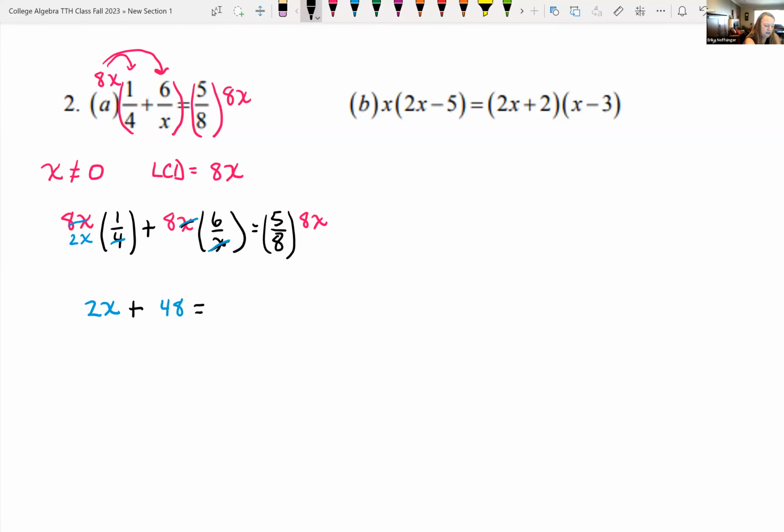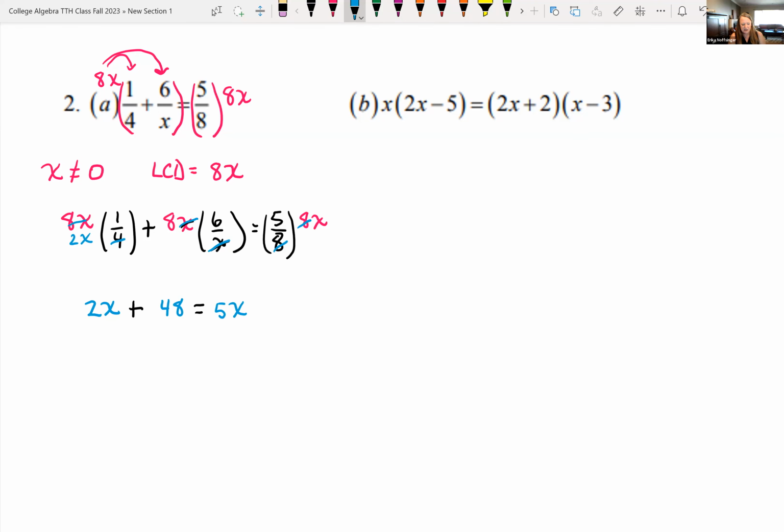Equals, so I have 5/8 times 8x, the 8 cancels. So I'm left with 5 times x, which is 5x. So 2x plus 48, those are not like terms, I can't combine them, is equal to 5x.